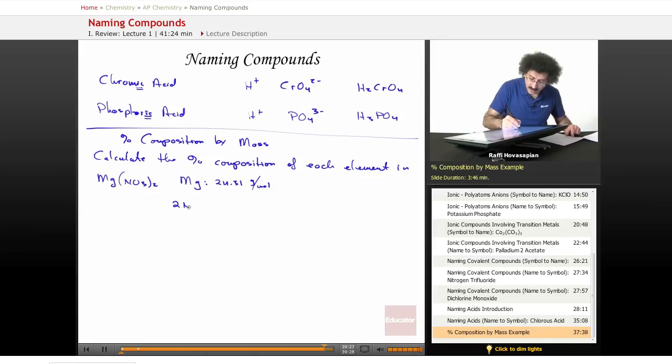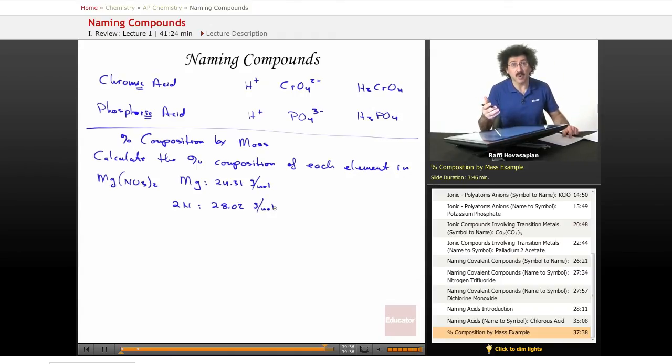And then we have two nitrogens. That comes to 28.02 grams per mole. And a gram per mole is the unit of molar mass, which I hope you're familiar with. And 6 oxygens gives us 96 grams per mole.